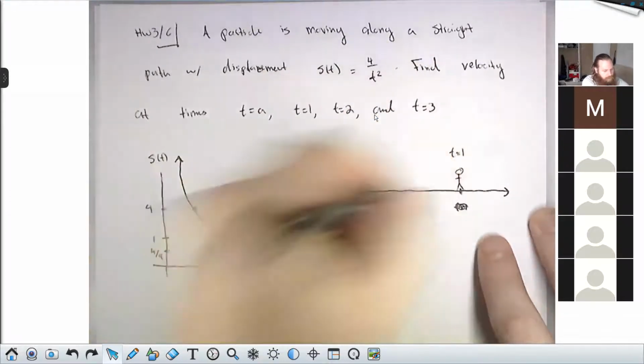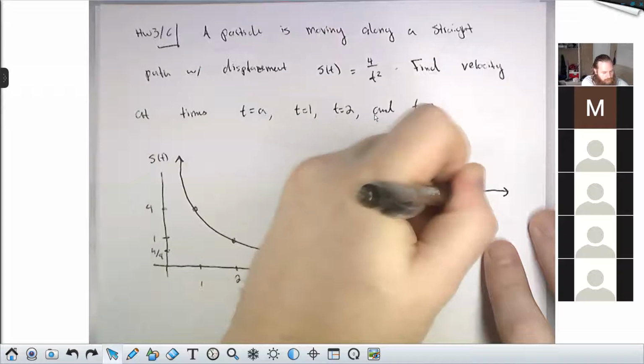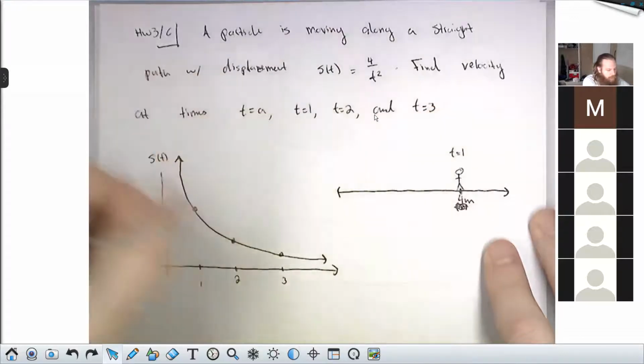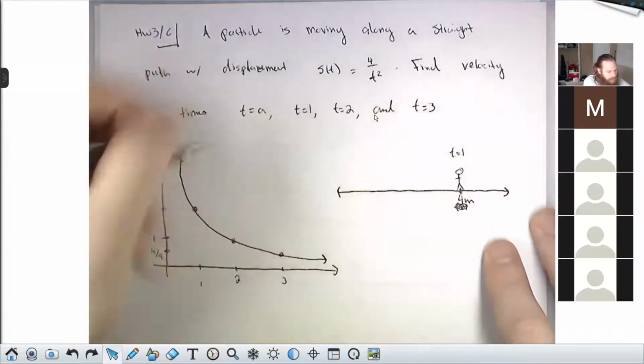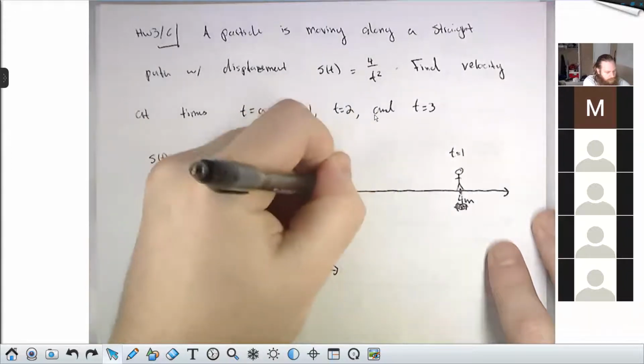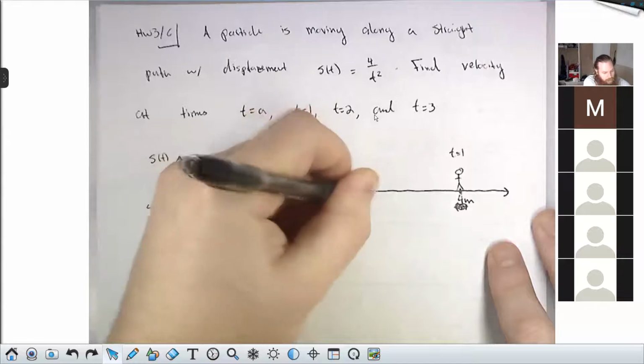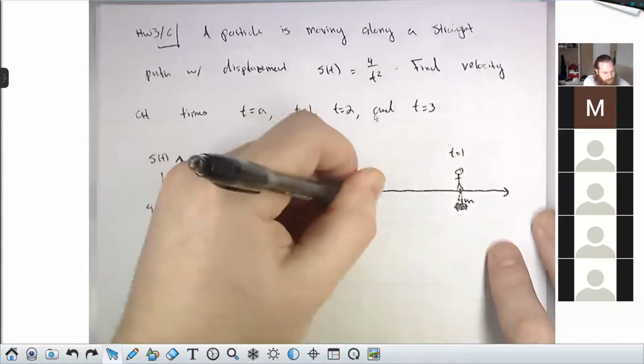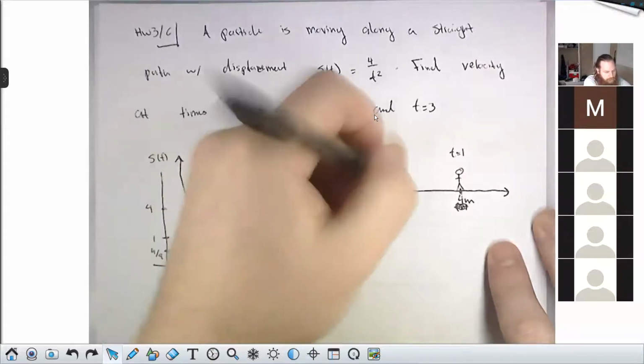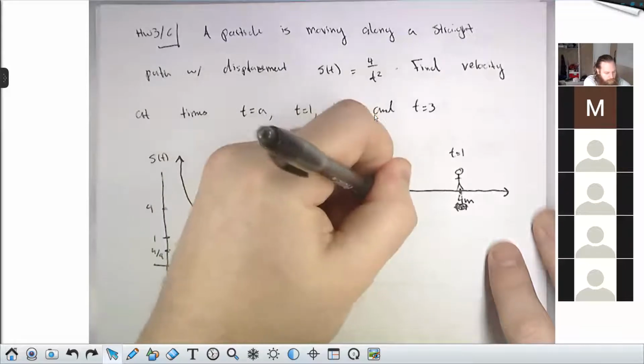So we can say this is at 4 meters. Time t equals 2, he's come back a little bit to 1 meter. So I'll call this over here 0 meters. Here's 1 meter. Or maybe I'll call this one the 4/9. I'll call this one 1 meter.